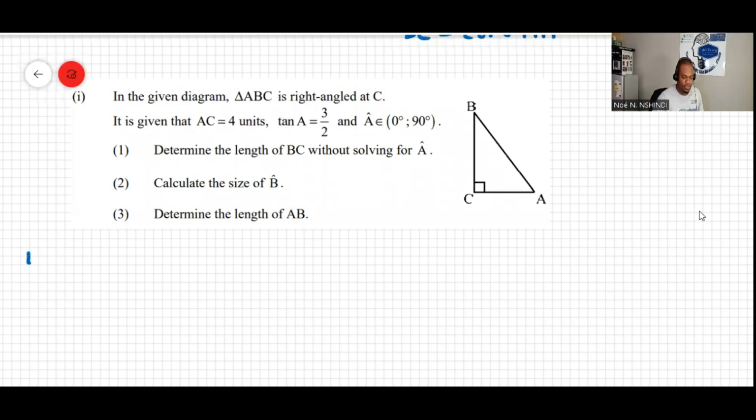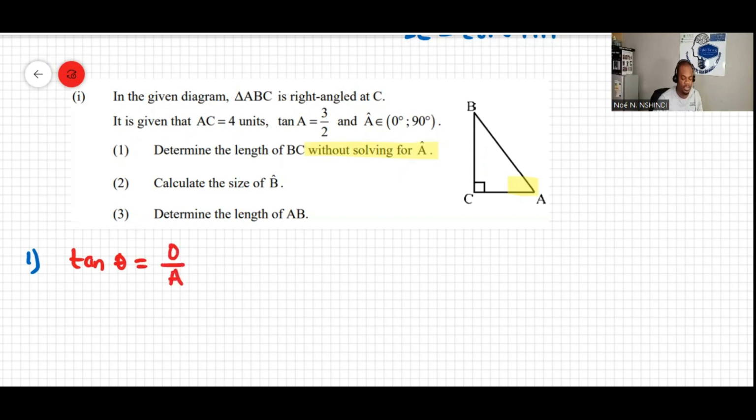Let's start with question 1. It says determine the length of BC, and the condition is without solving A. When I look at A, it is this angle here. So we don't need to solve this angle. We need to determine BC. What we know from the question is that tan of the angle A is 3 over 2. And tan of an angle is given by opposite over adjacent.